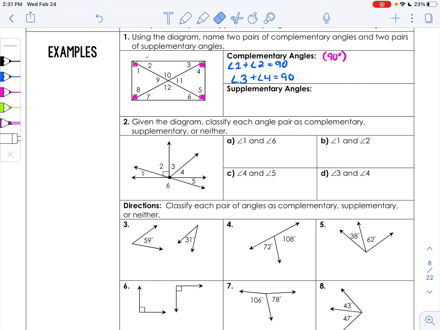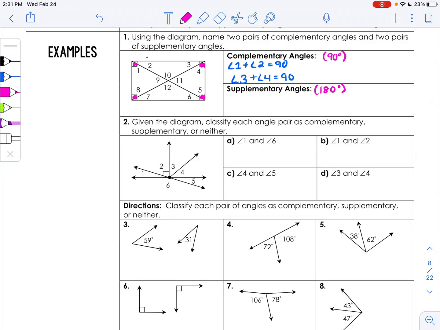Now if we look at supplementary angles, remember supplementary, as soon as we see that word, we want to think of 180 degrees. So supplementary angles are going to make a straight line, or when we connect their arcs, they make a half circle.